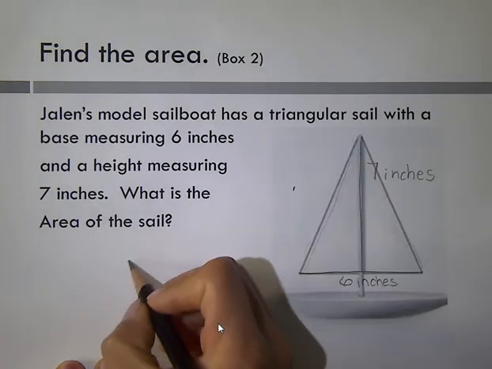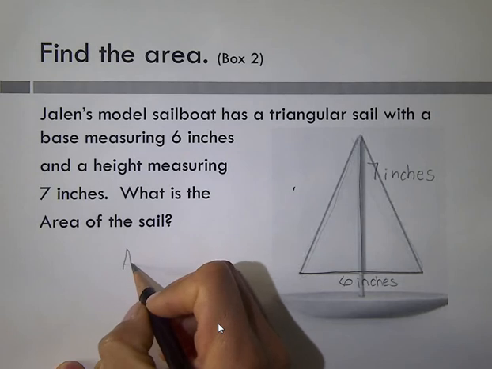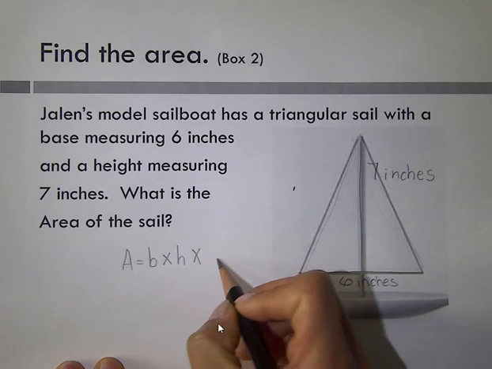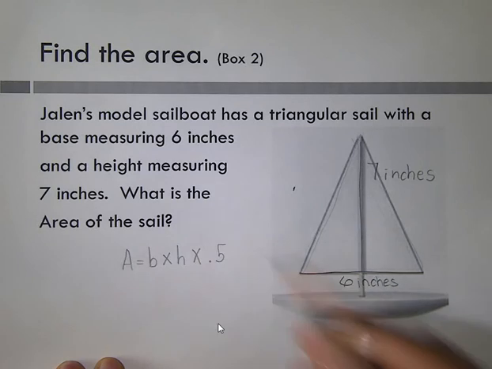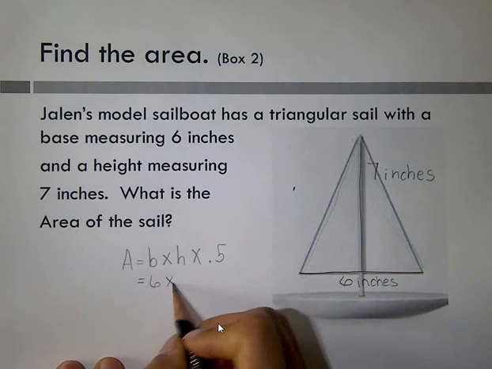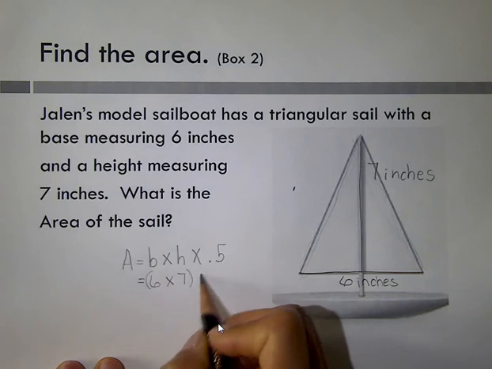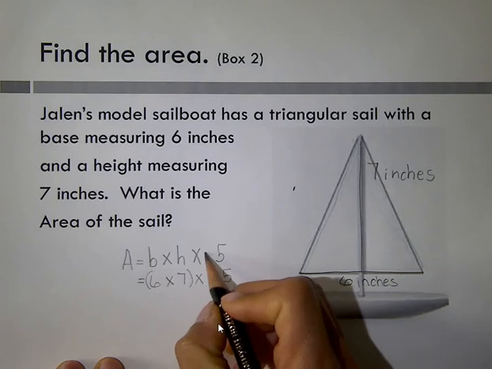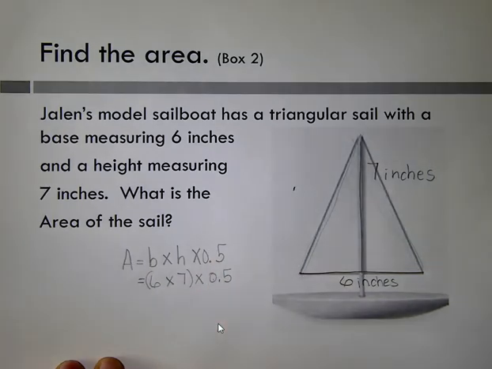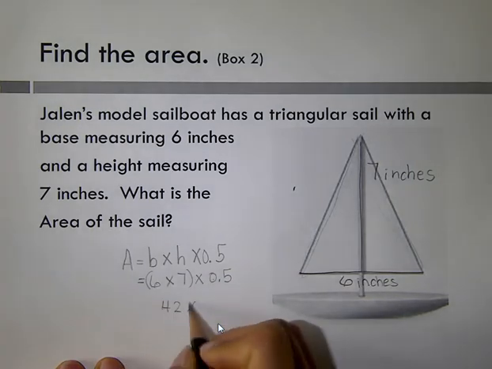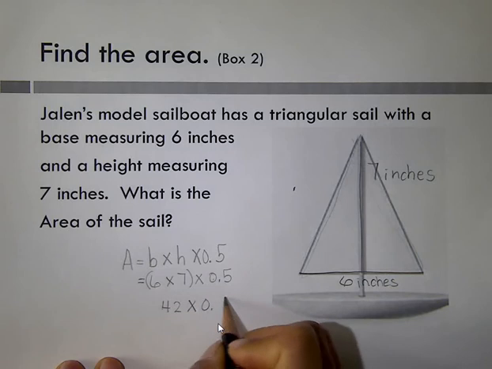So the area formula for a triangle is area equals base times height times 0.5 or a half. So if I plug in my numbers, it would be 6 times 7 times 0.5. So I know that 6 times 7 is 42. And I'm going to multiply that times 0.5.